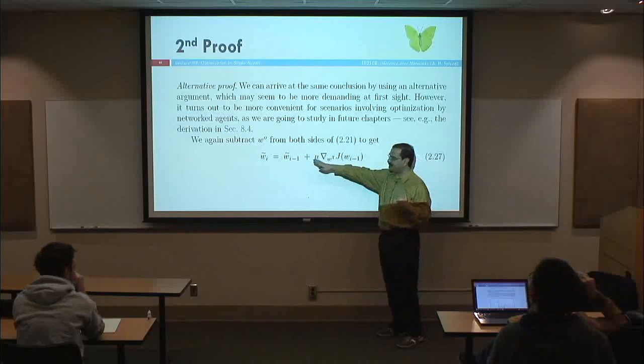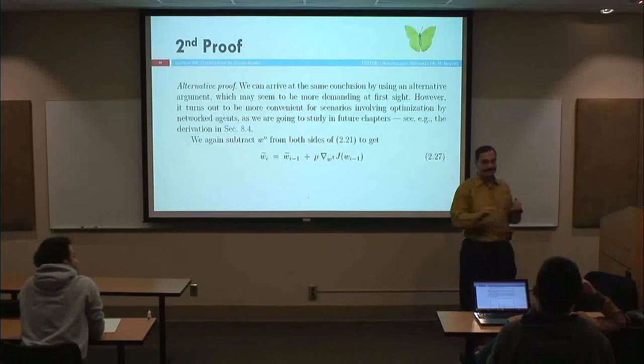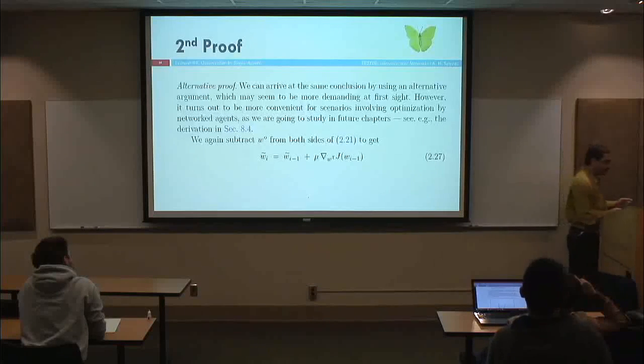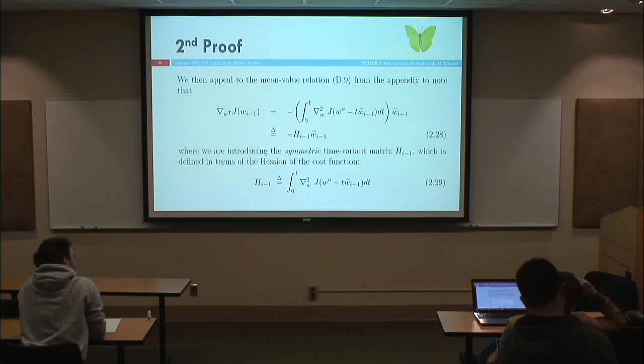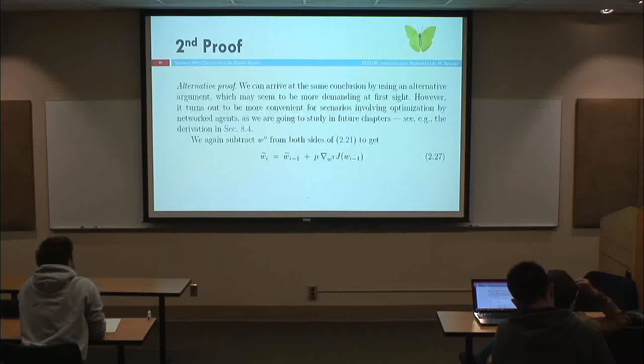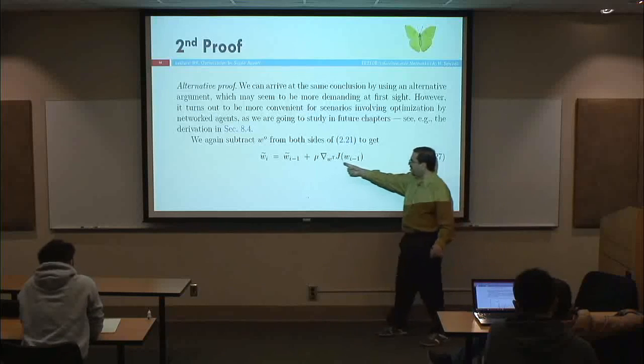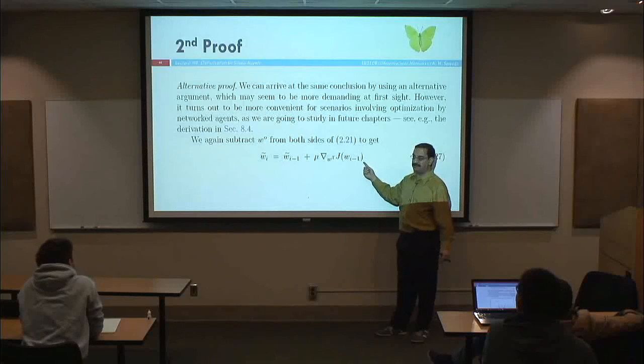Okay, fine. So I subtracted w^o from both sides. You get this error recursion, right? Let's square, right? Or before squaring, apply the mean value theorem to this gradient, right?